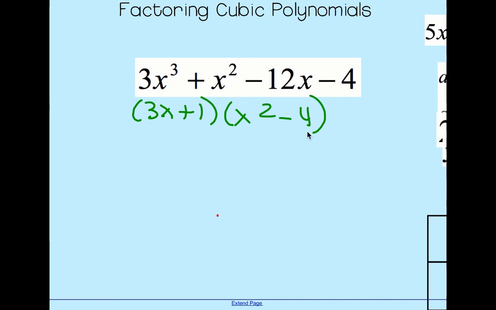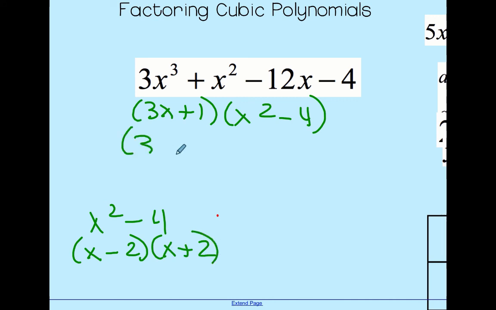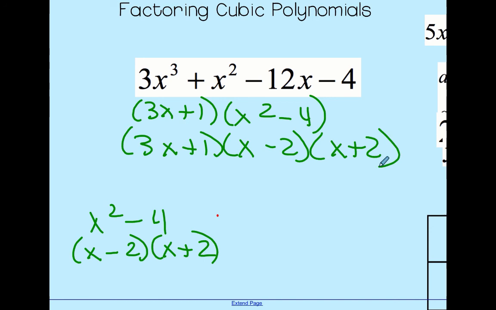X squared minus 4 is a difference of squares. It's the square root minus the square root times the square root plus the square root. So I get 3x plus 1 times x minus 2 times x plus 2. And again, you can multiply this out to see if you get what we started with, but it does.